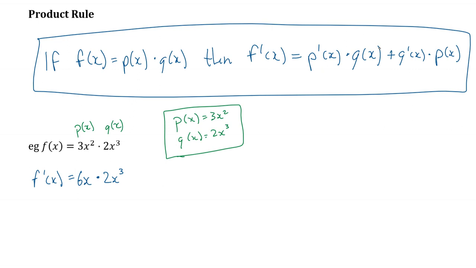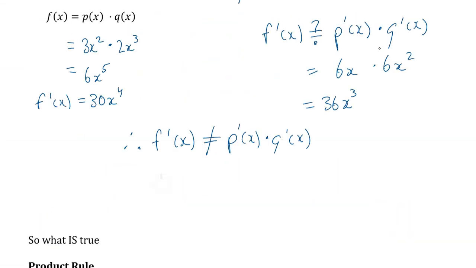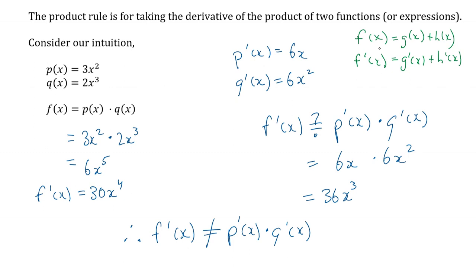I did not take the derivative of the second thing. Plus derivative of the second thing, 6x squared, times the first thing, 3x squared. Which equals 30x to the fourth, which is what we got up here. The one we knew was right.